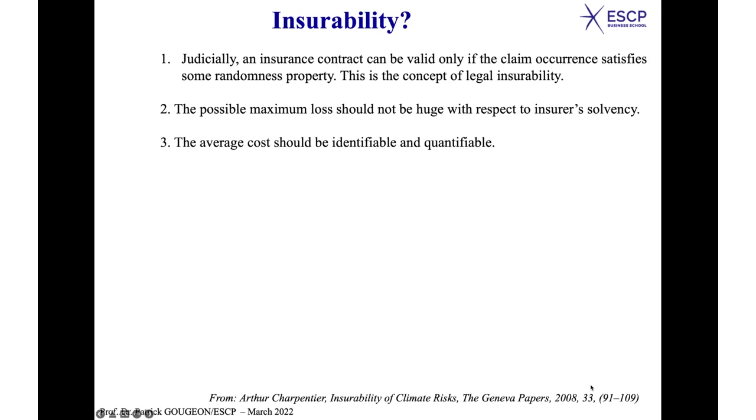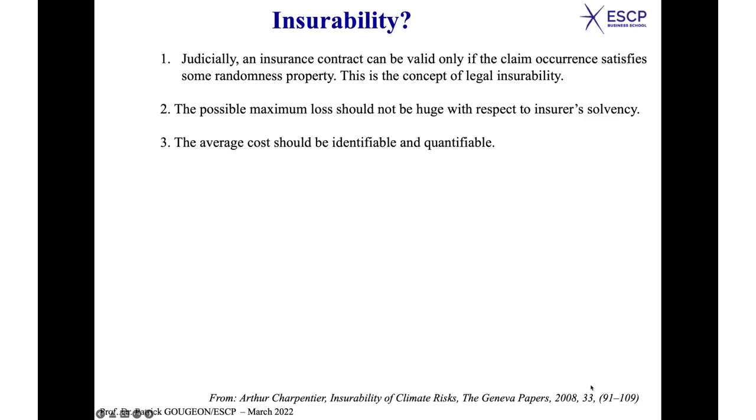It's not always the case. Today, for instance, there is a major risk that insurers are trying to price and they have difficulties: the cyber risk. Why? Because we don't have much data about it, and it's very difficult to assess both the frequency and the severity. So there are some risks for which it's not easy.